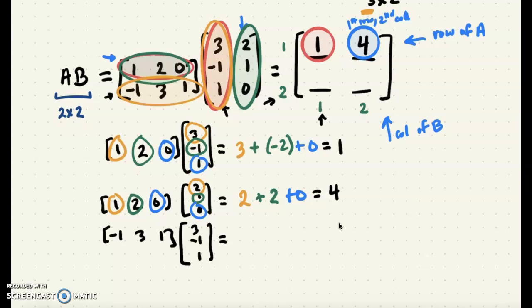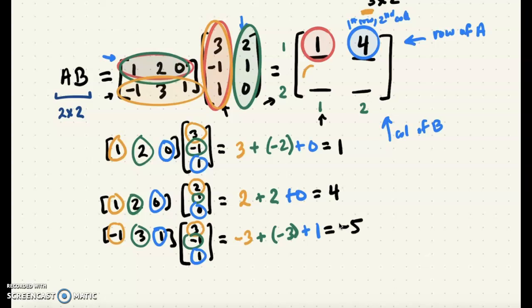And again here we do the negative 1 times 3, will give us a negative 3, plus 3 times negative 1, which is also a negative 3, plus 1 times 1. So in the end, this is going to give us negative 6 plus 1 would be a negative 5.